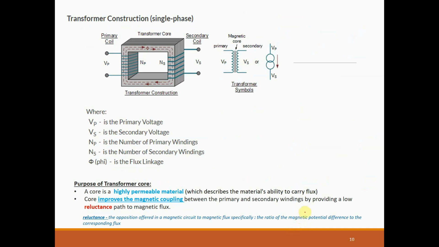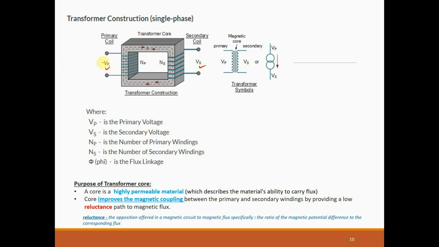Now, let us become familiar with the parts of the transformer. So this is the transformer, this is Vp and Vs. By the way, I can use this side as Vp or I can use it as Vs. Here's the trick.